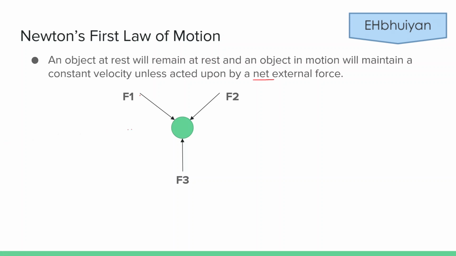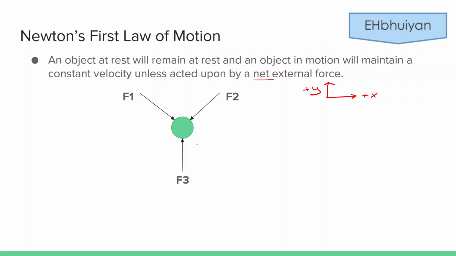This object right here has three forces acting on it, but the object is at rest. In order for the object to be at rest, the net external force must be zero. So what do we mean? Let's say that this is our positive x direction, and this is our positive y direction.